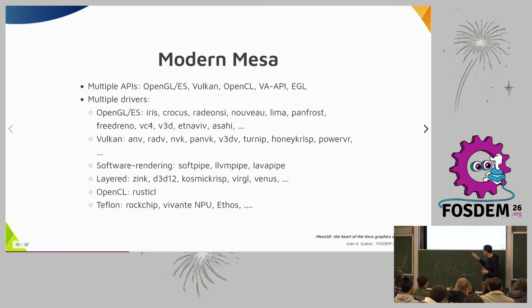In this case, we have NPUs like the Rockchip, Vivante, and things like that. They are also based on Gallium, so it means you need to implement specific functions that Gallium requires, and then you can use these devices to accelerate your AI work.